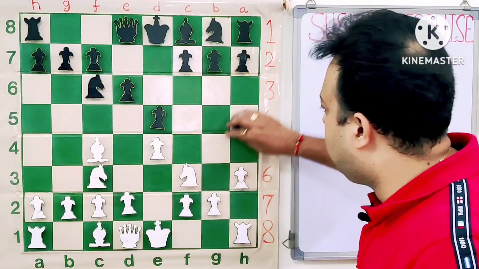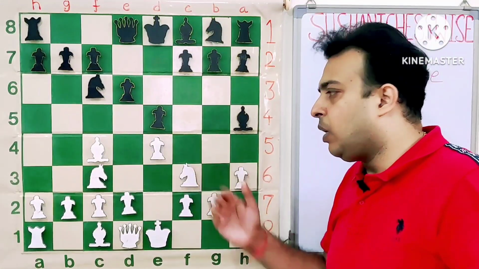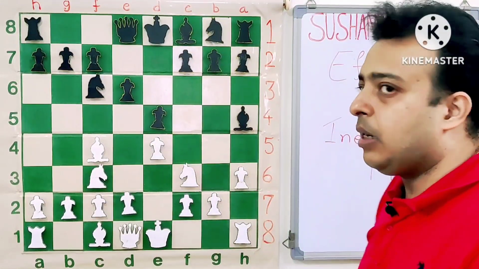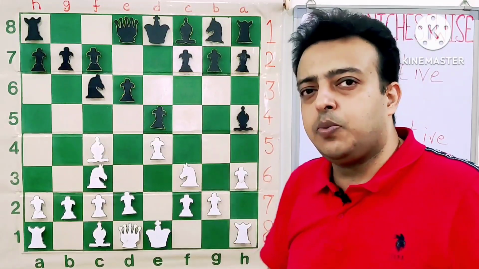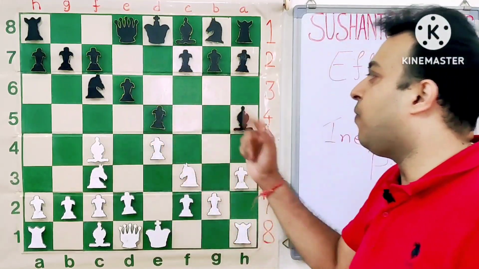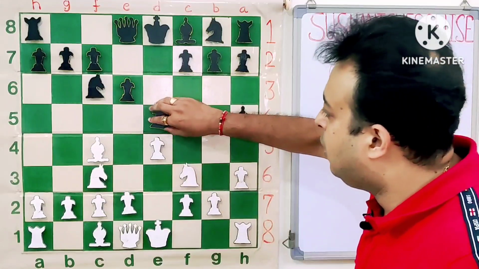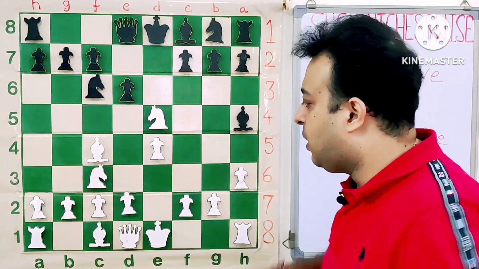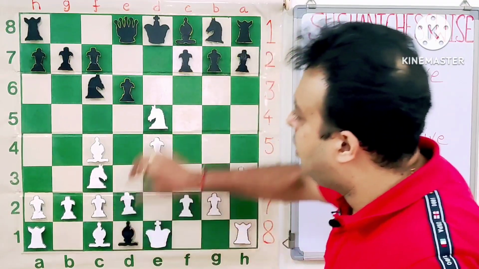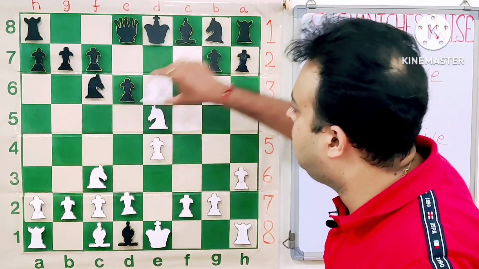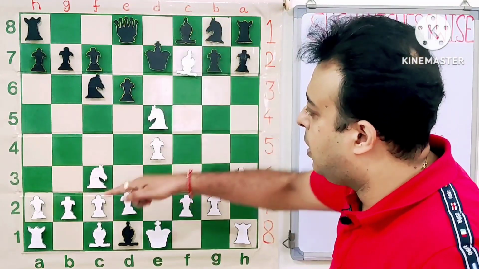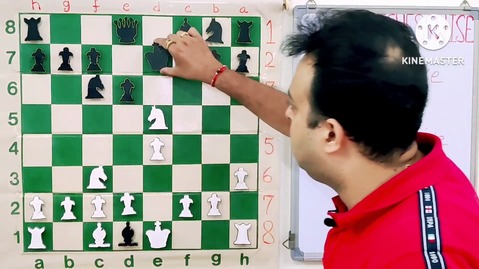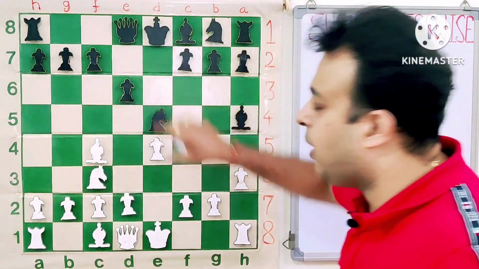Here black went with the move Bh5, intending to keep the pin intact. But now what happened? The bishop on h5 is loose, and after Ne5 the bishop will not be supported. So white got the very strong Ne5 here. Point is very simple. If Bxd1, then Bxf7 check, Ke7, Nd5 checkmates. Black played Nxe5.